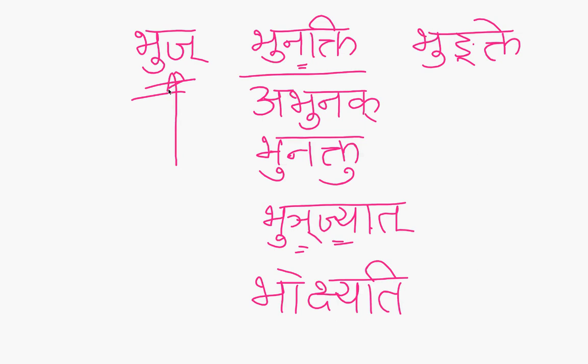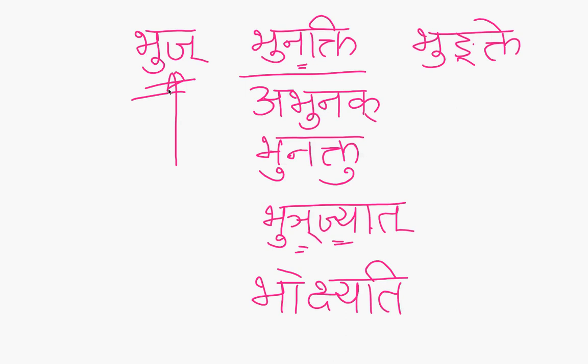Whereas if you look at the other ganas, like divadi gana, or bhadi gana or tudadi gana, or the other one, swadi gana. We saw chi, chinoti. What is another example for swadi gana?